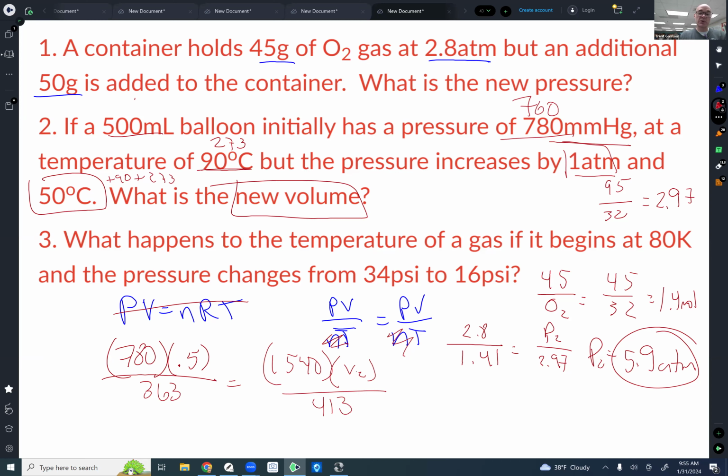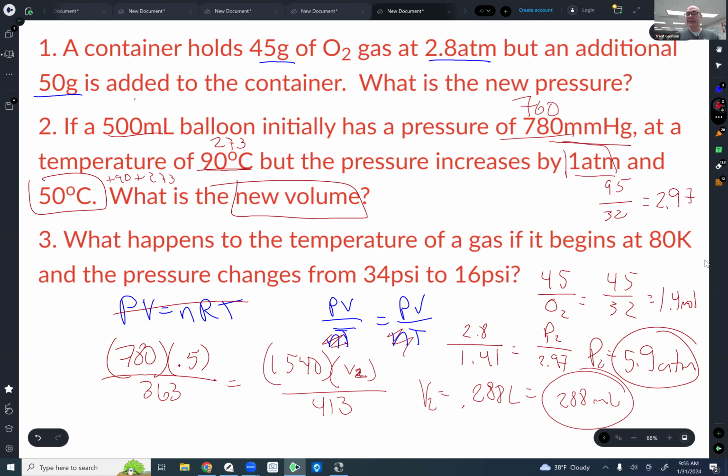Now it's just cross multiplication for all of this. So 780 times 0.5 times 413 divided by 363 divided by 1540, and you get your new volume is 0.288 liters, which is the same thing as 288 milliliters.